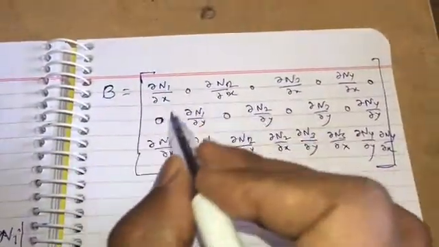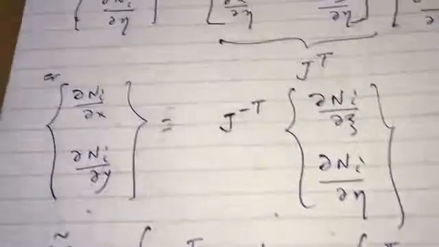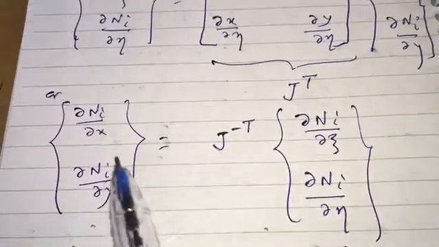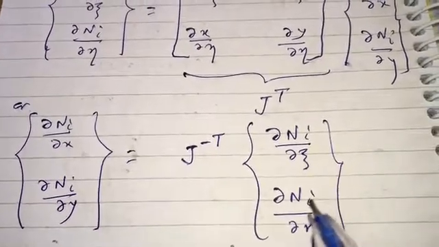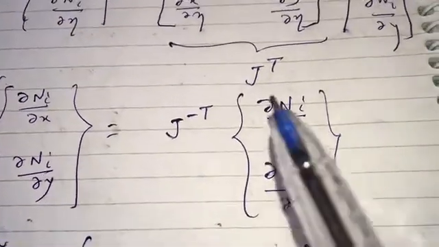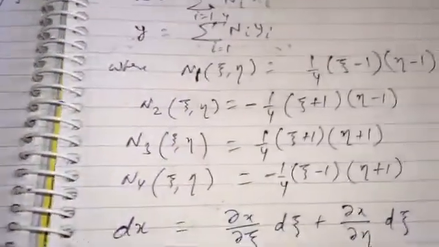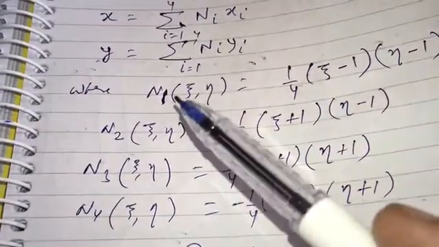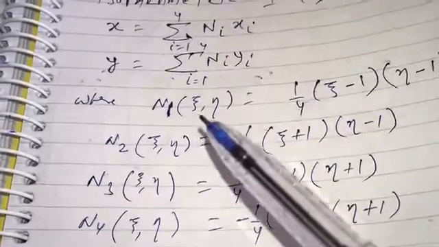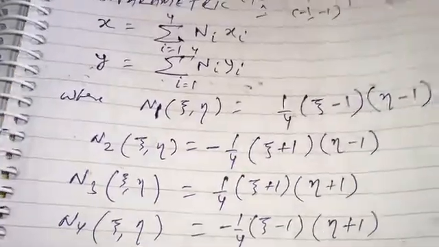So, we have to find out the values of del n1 over del x, and how to find out? We have to find out using these relations. In order to find out this one, we have to know this, and this can be found out very easily, because we have seen that the ni's are functions of xi and eta. So, del n1 over del xi, del n1 over del eta, and so on can be found out explicitly from these equations.